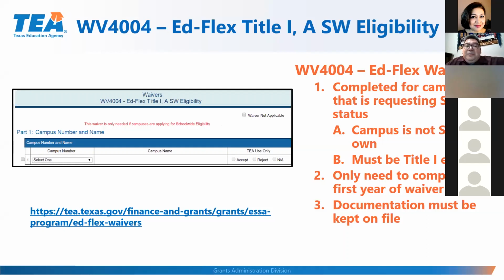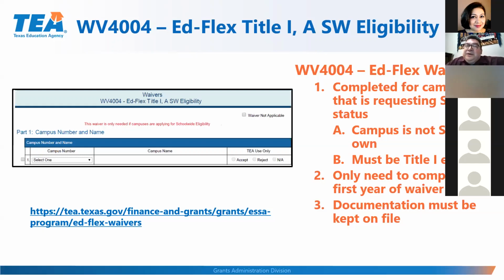Now, in order to apply for this, if they're not school-wide on their own, they must be a Title I eligible campus. And there's 3 ways to be a Title I eligible campus. One is they have at least 35% low income, or two, their low income percentage for that campus is equal to or greater than the district's low income percentage.